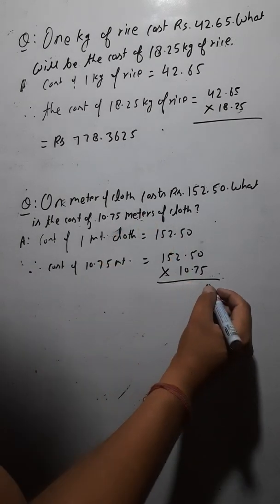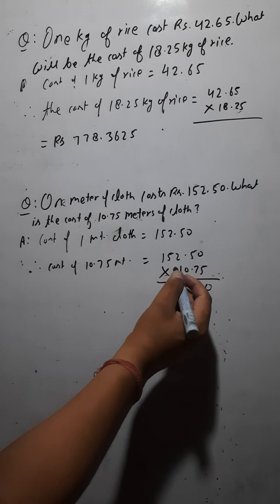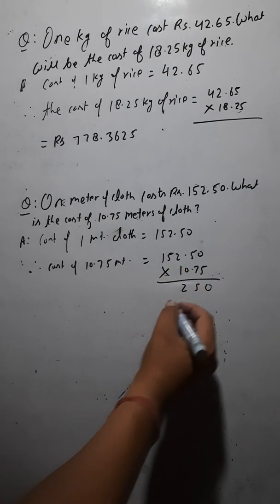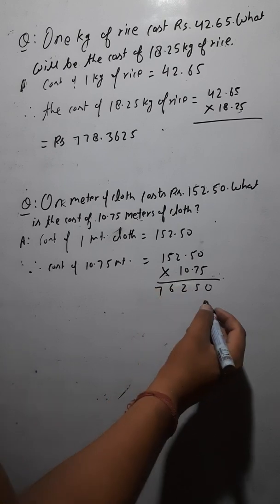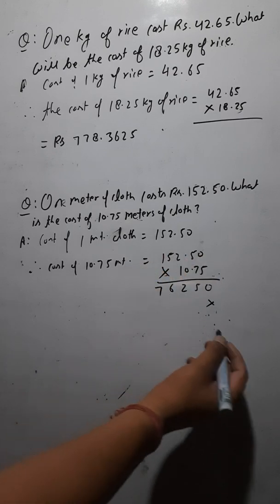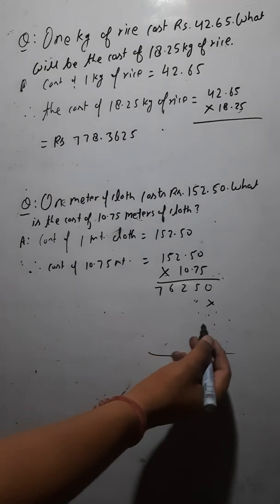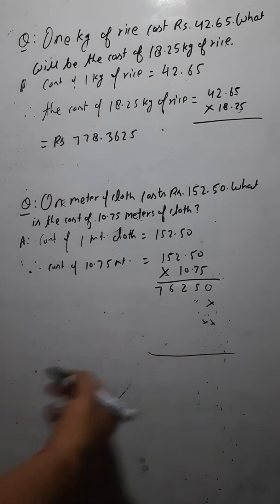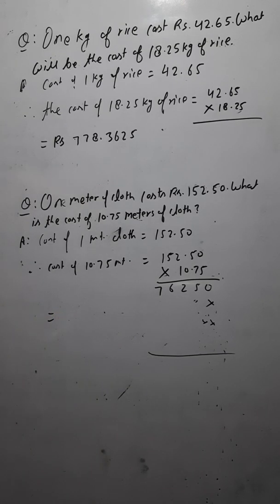First multiply by 5. 5 times 0 is 0, 5 times 5 is 25, 5 carry 2, 5 times 2 is 10, 10 plus 2 is 12, 2 carry 1, 5 times 5 is 25 plus 1 is 26, carry 2, 5 times 1 is 5 plus 2 is 7. Then 1 cross, then multiply by 7 all, then later you would add all. Multiply by 7, then 2 crosses, then multiply by 0 all, then add at the last. The answer that you would get is how much? Let me write the answer.